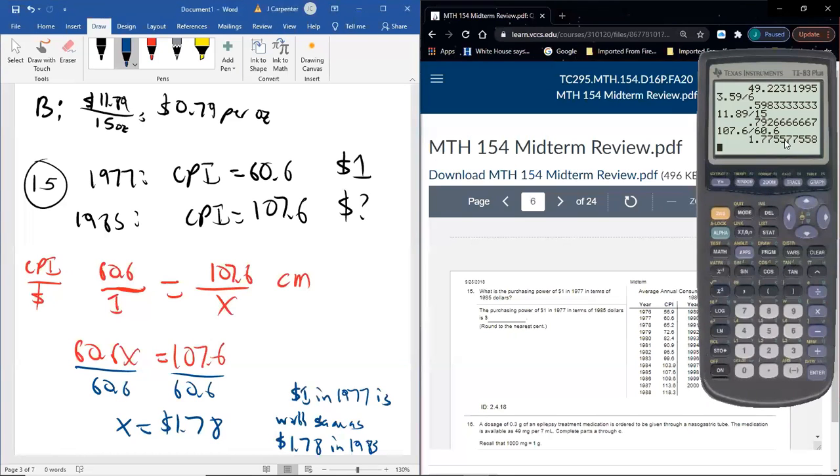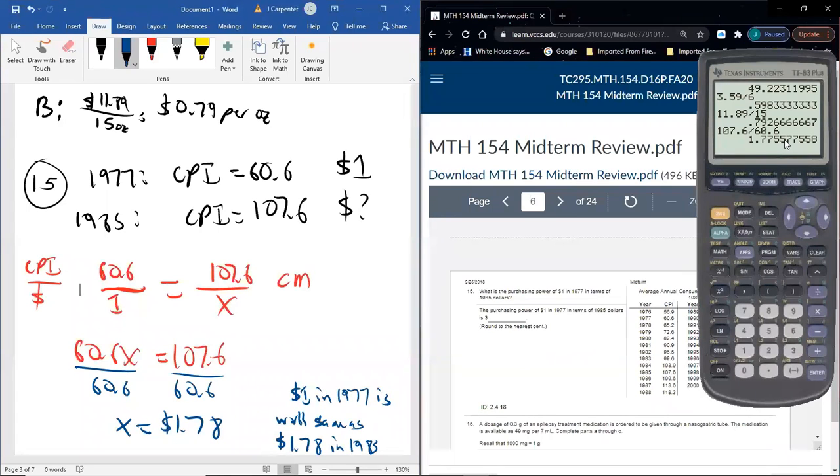So if you have a good that is inflated exactly according to the CPI tables, you would need $1.78 to buy that good in 1985, whereas you'd only need $1 in 1977. Now you might say, well, that makes me want to go back in time and buy the good for $1. Well, if your salary is inflating with the inflation rate as well, which not all jobs do, many are often quite worse, again.